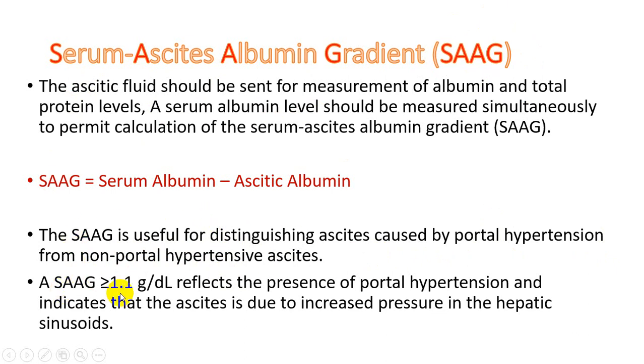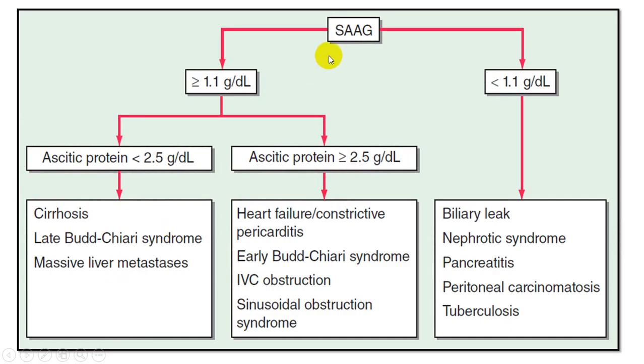So if SAAG is more than 1.1, it indicates portal hypertension, which could be from many causes. SAAG means serum ascites albumin gradient, which results from subtracting ascitic albumin from serum albumin.